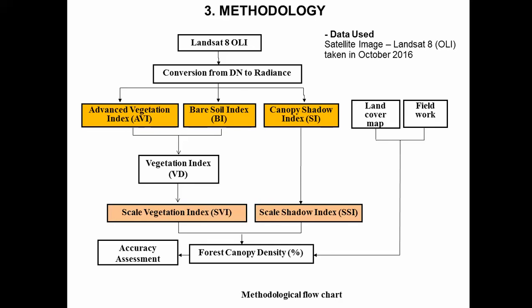The Advanced Vegetation Index (AVI), Bare Soil Index (BI), and Canopy Shadow Index (SI) were respectively determined, in which the AVI and BI are used to define the vegetation density, and the scaled shadow index was identified from the canopy shadow index. These two indexes, in combination with the land cover map and field work, were used to identify the proportion of forest canopy density. Finally, the accuracy assessment was given.